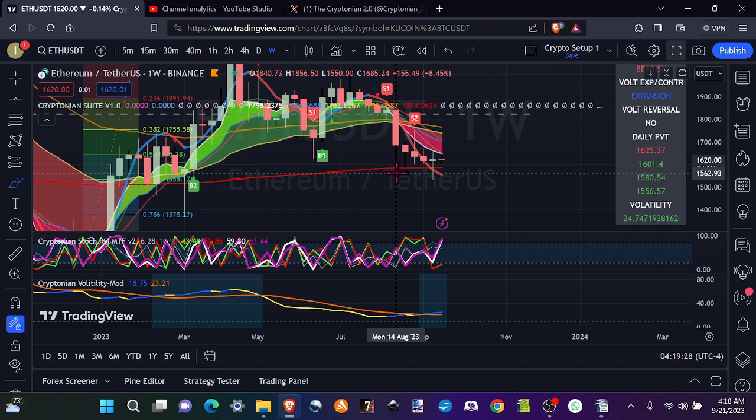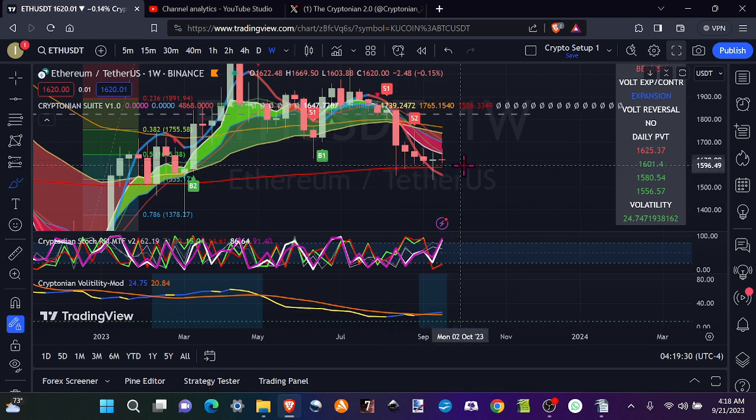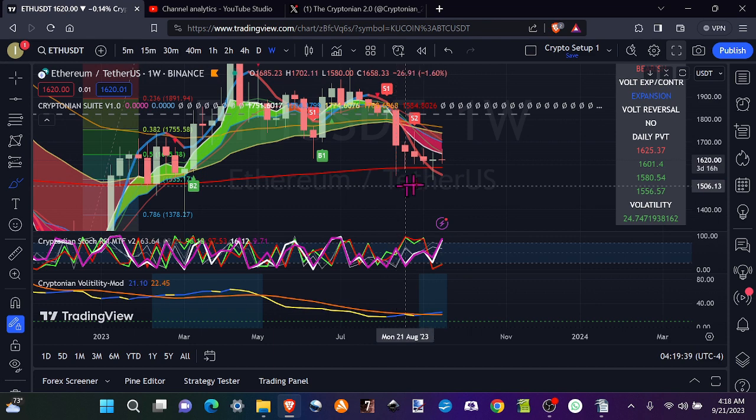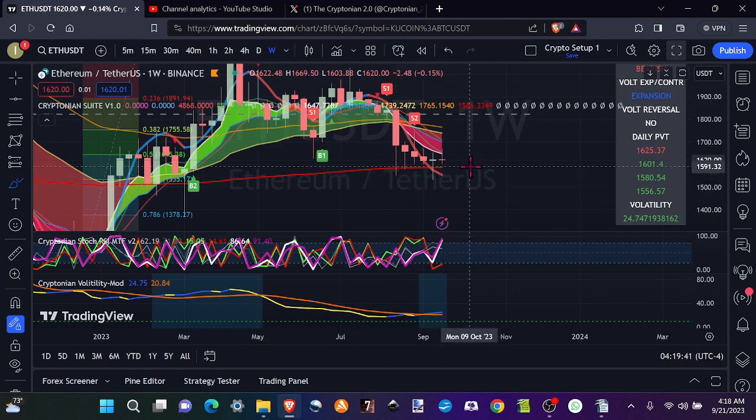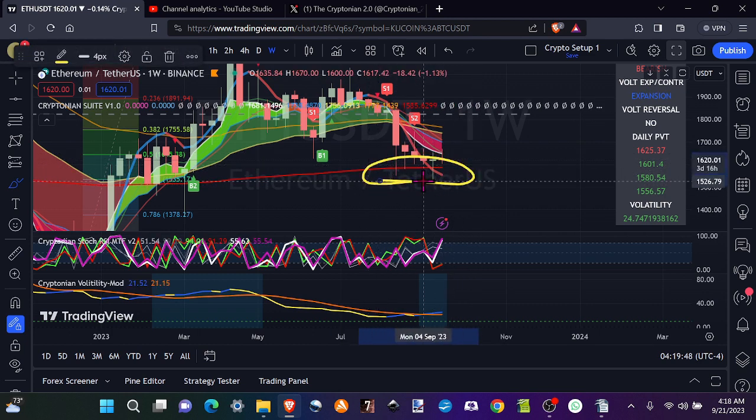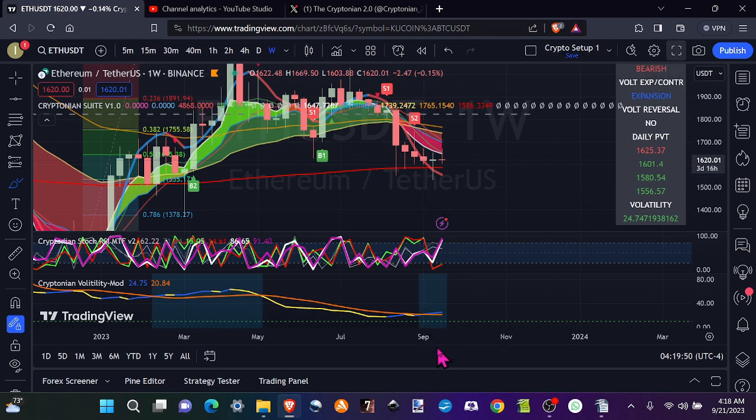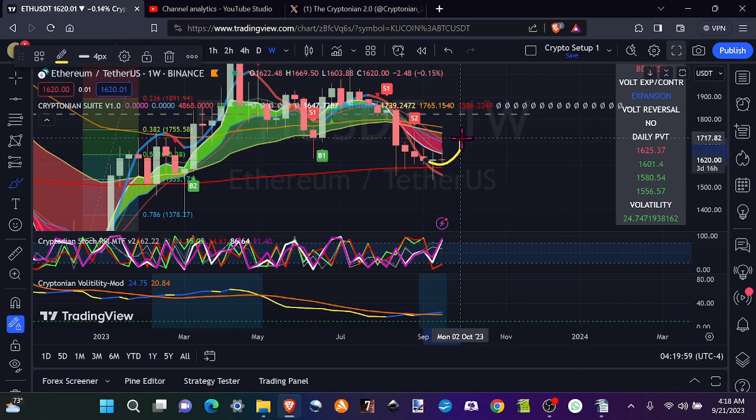And so if we hold this area, if we hold that 200 moving average, 1588, something like that, I'm giving you numbers and they're not going to be exact, 1588, 1580, around that area, then Ethereum could have another push to the upside over several weeks, right?